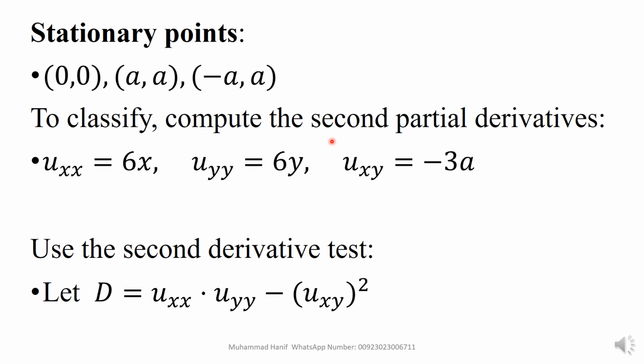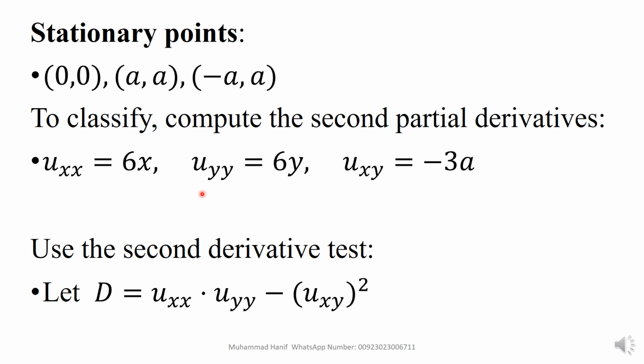Classify, compute the second partial derivatives. uxx equal to 6x, uyy equal to 6y, uxy equal to minus 3a. You already know what uxx is, two times derivative with respect to x. What is this?